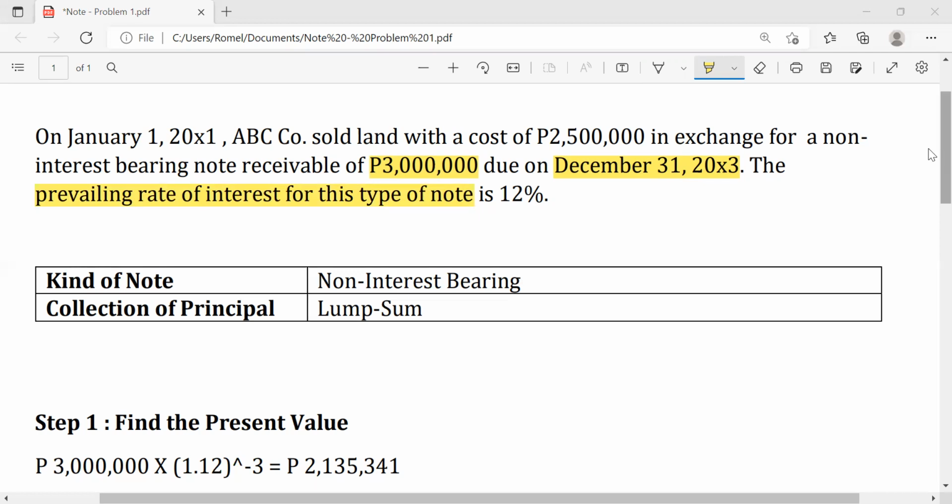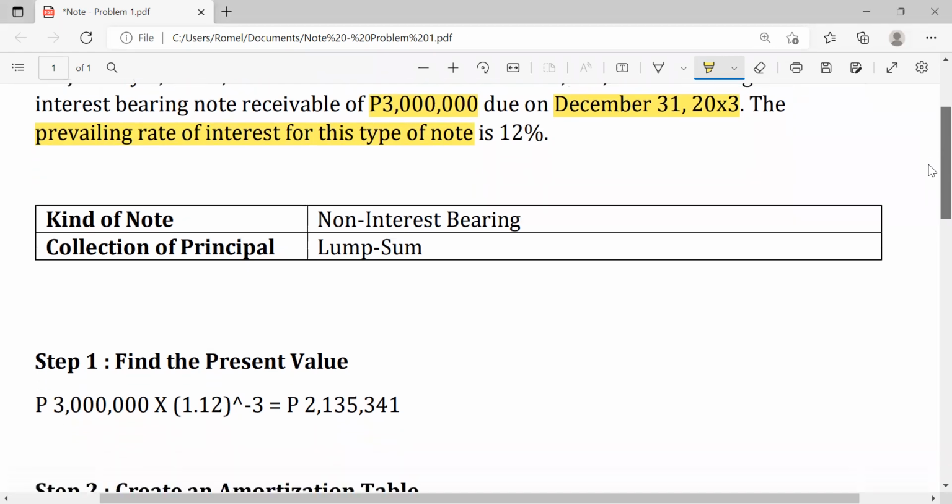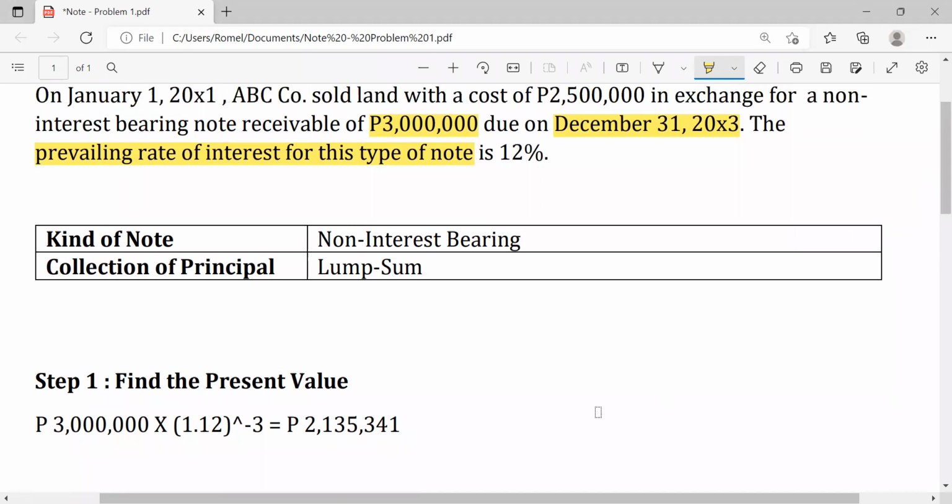So what are the things that we will do in this problem? Number one is find the present value. So probably you're asking, sir, why is it important to determine ano yung collection ng principal? If it is a lump sum collection or an installment collection, why is it important to know?